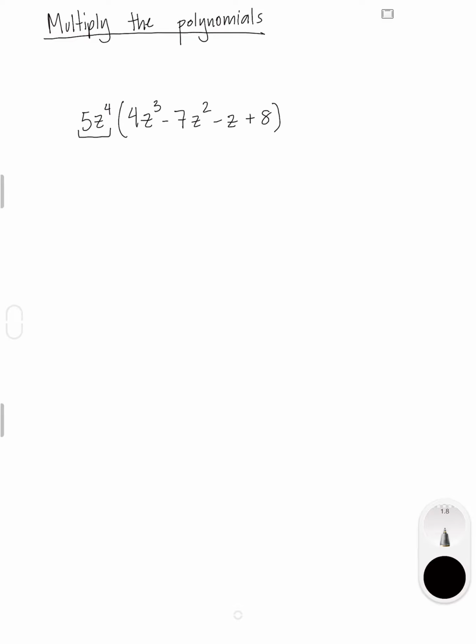So basically what's going to happen is we're going to apply the distributive property. So 5z to the fourth will multiply everything inside of the parentheses. So we're going to have 5z to the fourth times 4z cubed, and then plus 5z to the fourth.